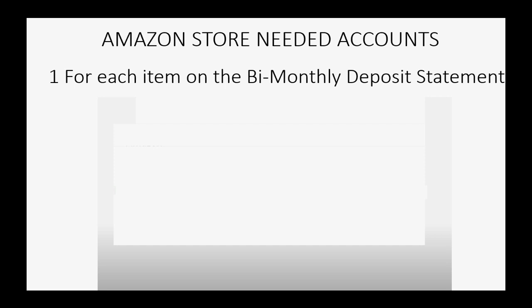That's the deposit statement that you get twice a month, where Amazon explains why they dumped that amount of money into your bank account. The first account and the main account that you have to put is an account called product charges, because that's what Amazon calls your income, and it represents your gross sales from Amazon to your ultimate customers.